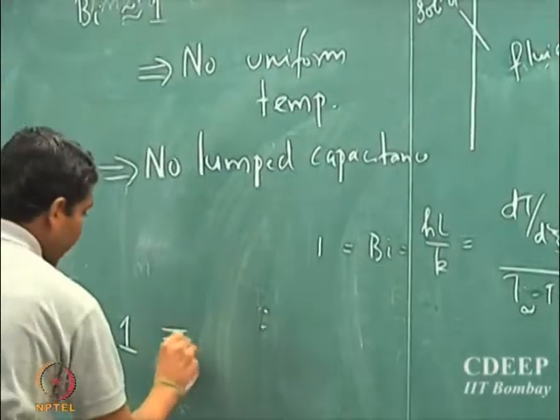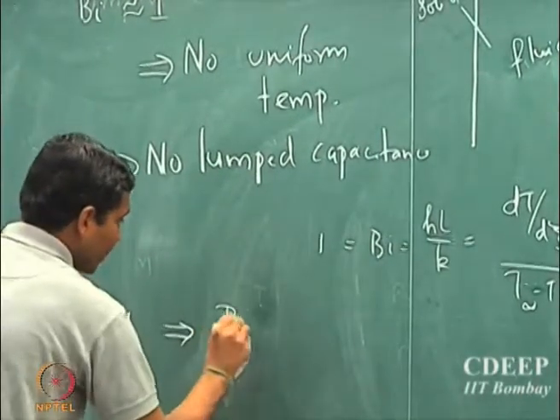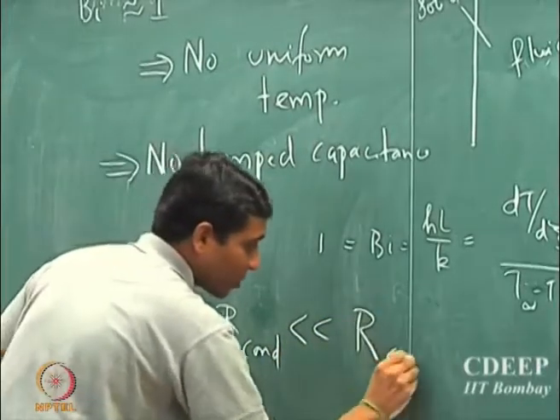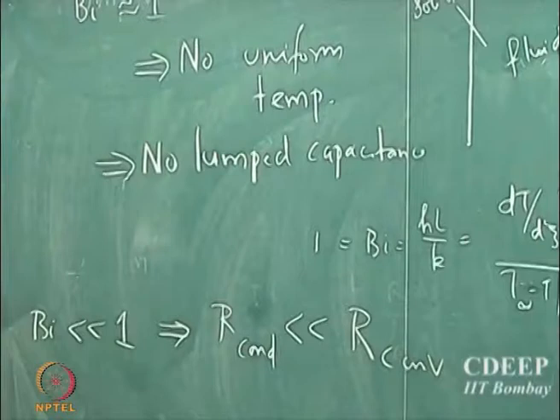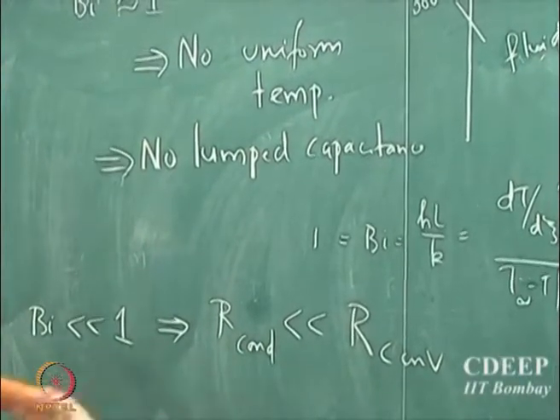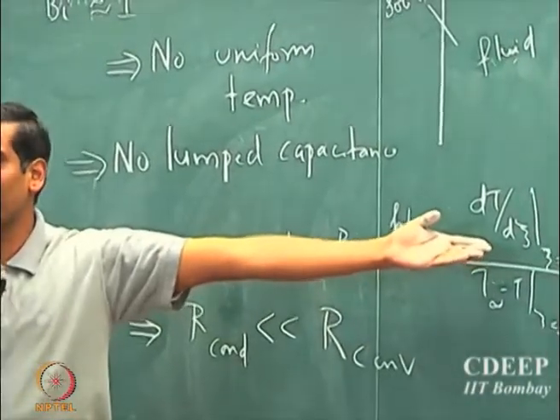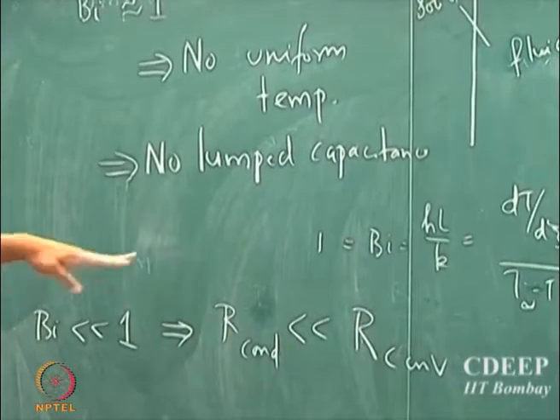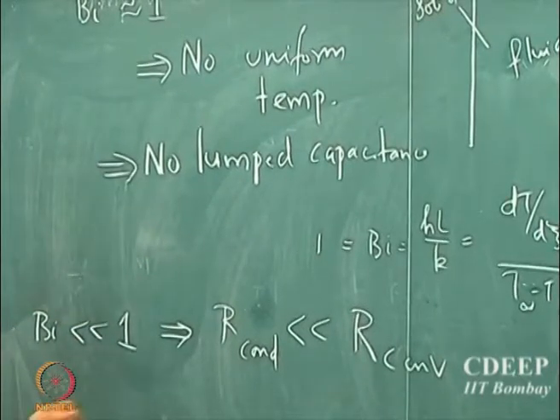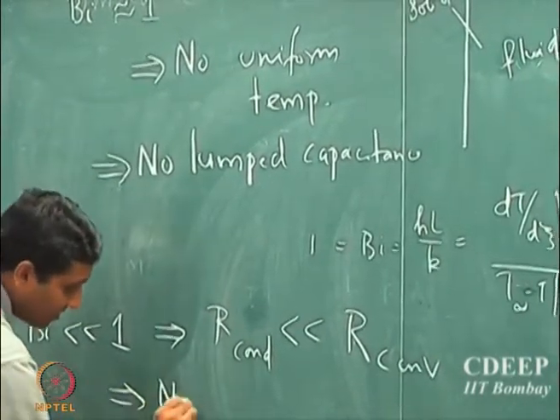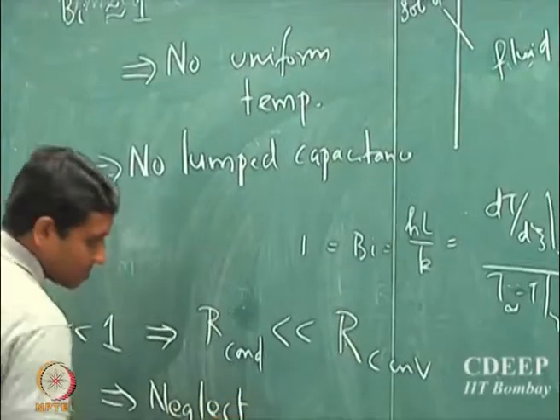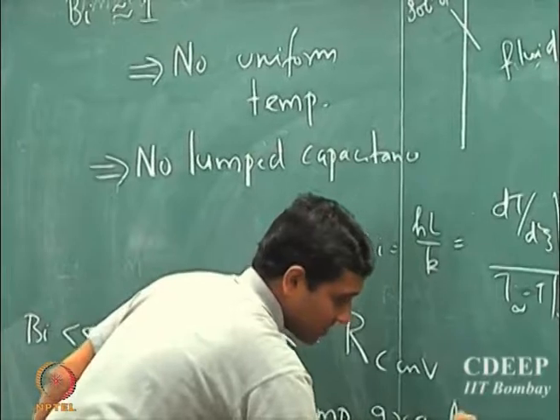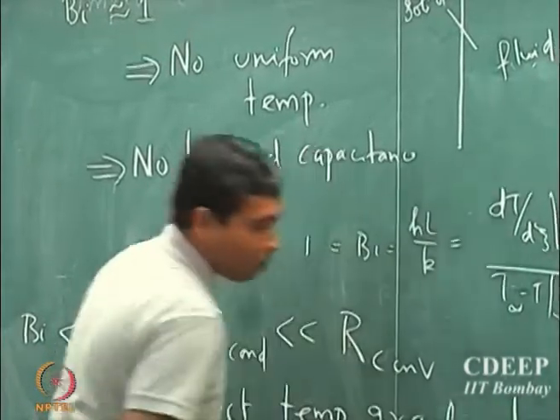Okay. This means that the resistance of conduction is much smaller than resistance to convection. So what does it mean? That the temperature gradients inside the solid is going to be very, very small. So you could neglect, it doesn't mean that there is no temperature gradient. All you can assume is that you can neglect the temperature gradients. It's very important to qualify this.